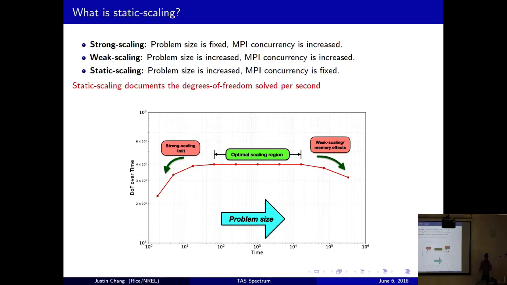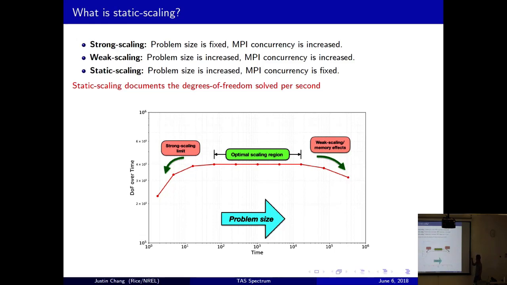Now, for a given concurrency, if your problem size is too small, then you will see a downturn here, which we will call the strong scaling limit. Obviously we want a DOF over time metric to be as high as possible, and we want to see that as we increase the problem size, we get a flat slope.